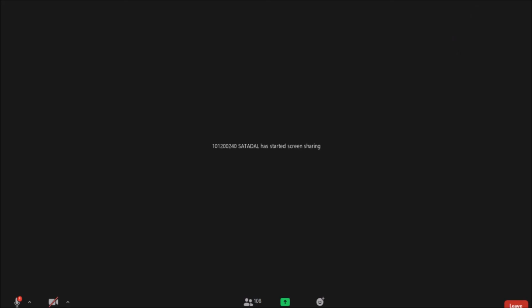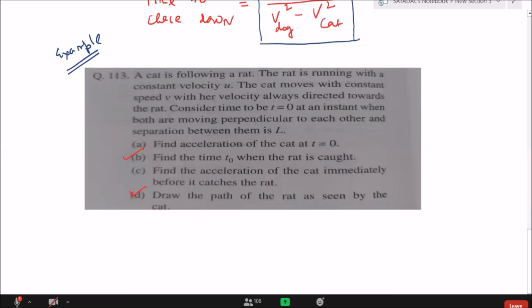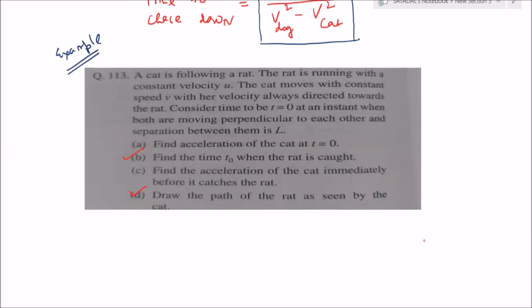Can you hear me now? Just hold on for a second. This page is crashing. I do not know what is the reason behind it. My OneNote is crashing often.